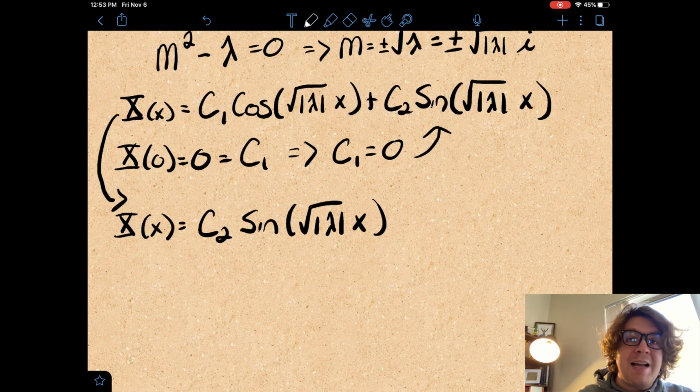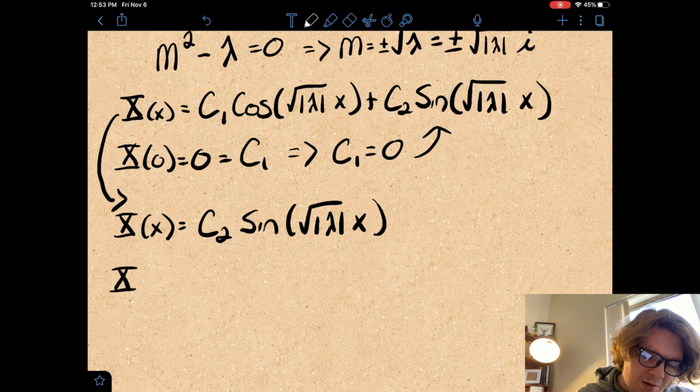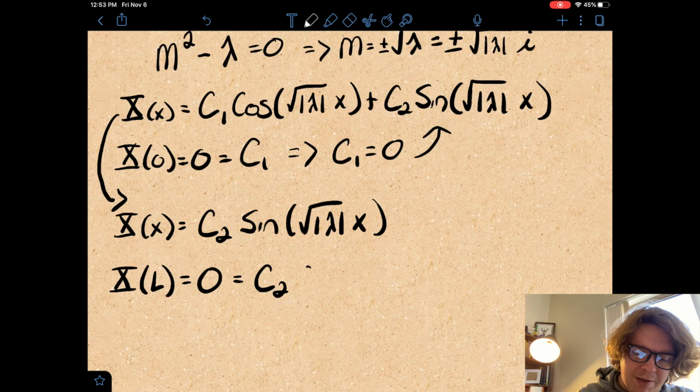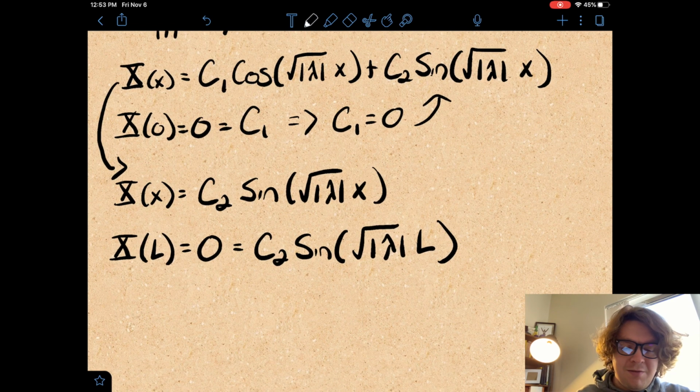All right, last condition that we have to satisfy. We also have to satisfy our second boundary condition, which is X of L equals 0. If we plug in L, we get c2 times sine of the square root of the absolute value of lambda times L. Finally, we're at a point where we have a function that is sometimes equal to 0.